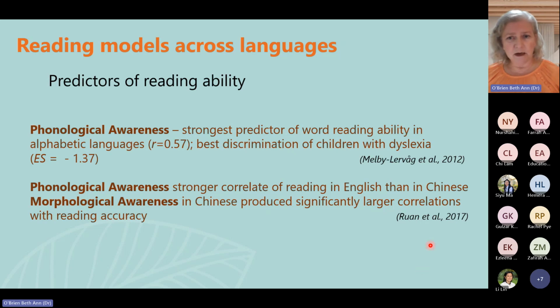In a more recent meta-analysis comparing English and Chinese reading, they found that although phonological awareness was again the stronger correlate of reading in English, morphological awareness across studies was found to be more strongly related to reading accuracy than phonological awareness was. So again, suggestive of different skill sets, perhaps, for different scripts.